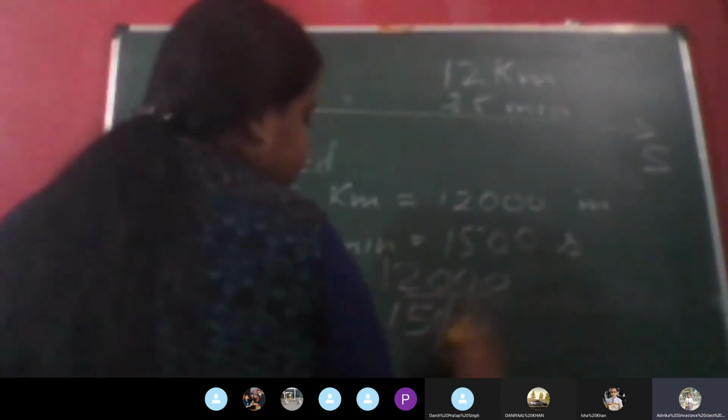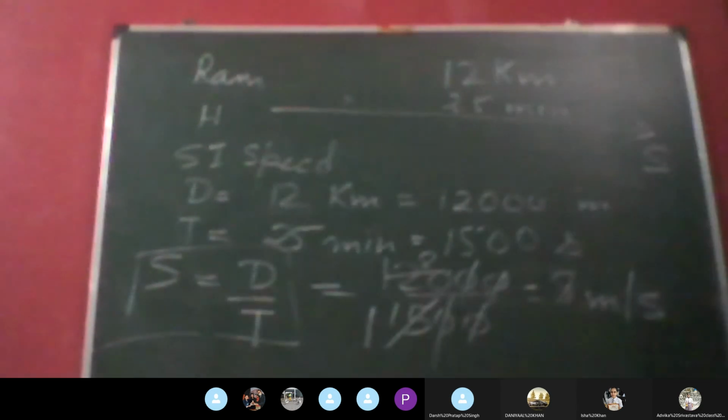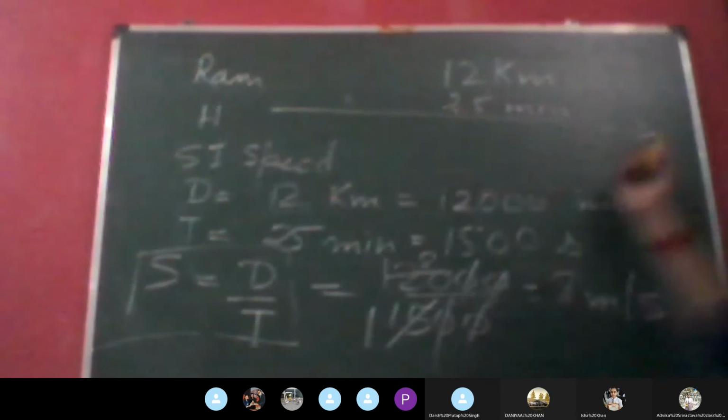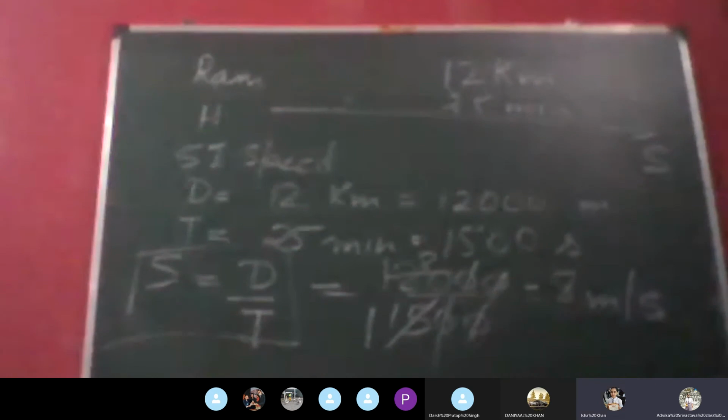Okay. So that is equal to how much? 12,000 upon 1,500. Zeros cancel. 15 eights are 120. 8 meters per second. What is the speed of the car from house to school? That is 8 meters per second. Is it fine? Yes, ma'am.